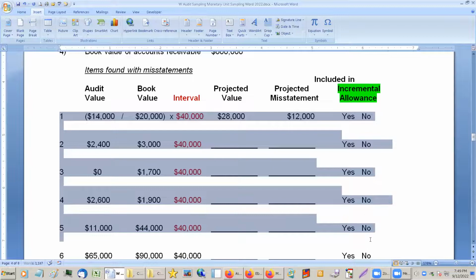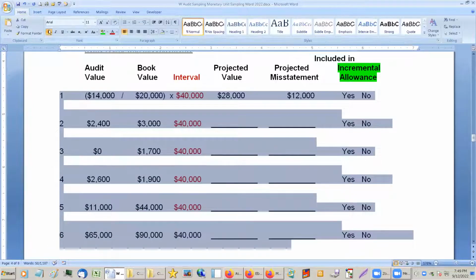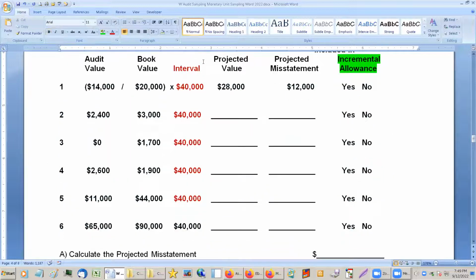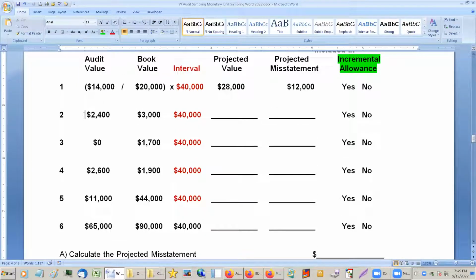I can bold all these. Okay. So that one's okay. You notice that the book value of the item was less than the interval, so there's not a problem there.